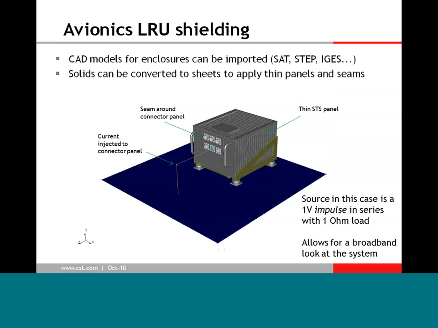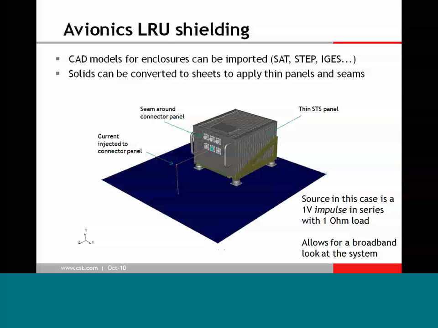So, having applied the modeling to some simple benchmarks, you would then build up the complexity and look at a more realistic enclosure. This is an avionics line replacement unit, and we could import this geometry from a CAD file, such as a SAT file, STEP file, or IGES file.